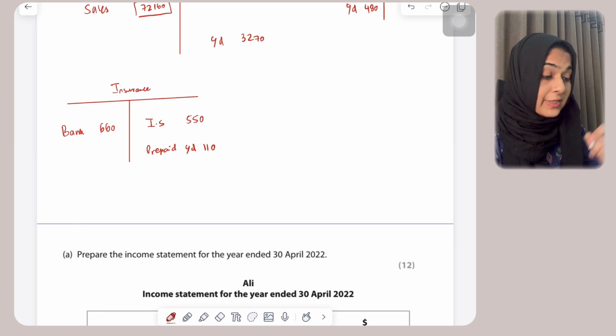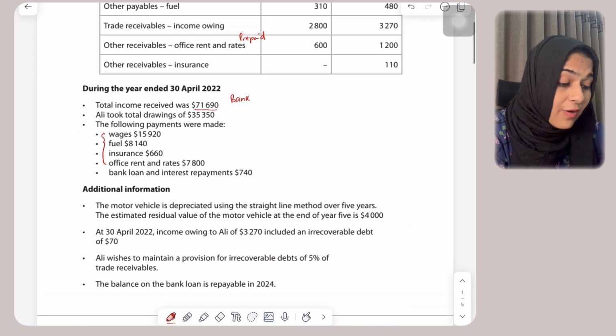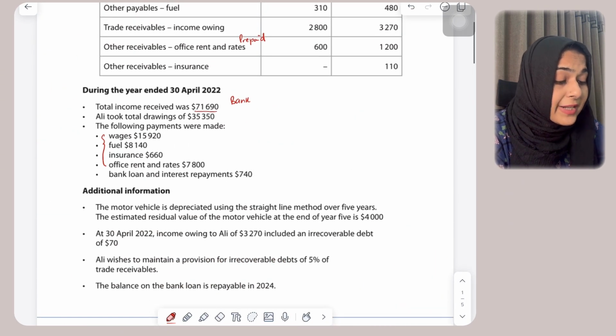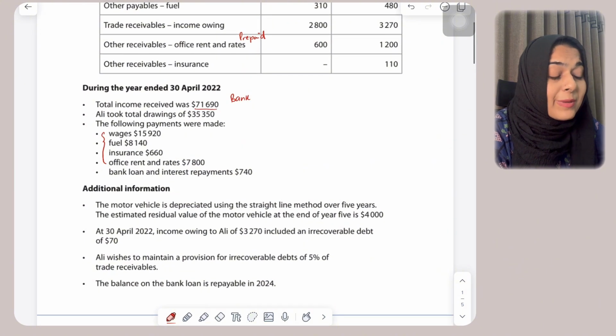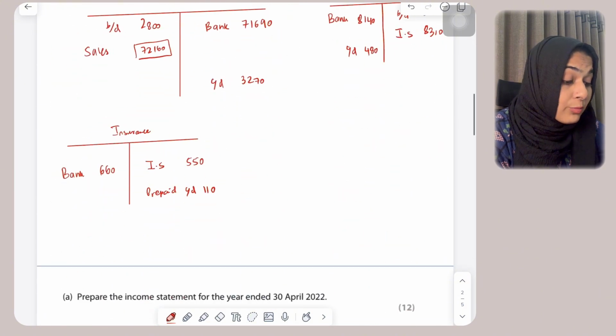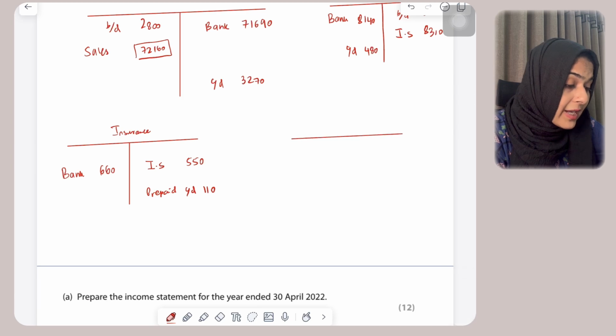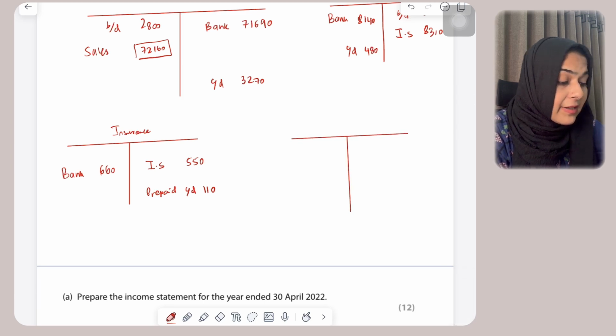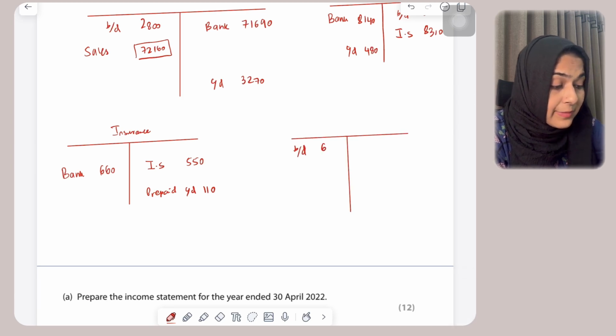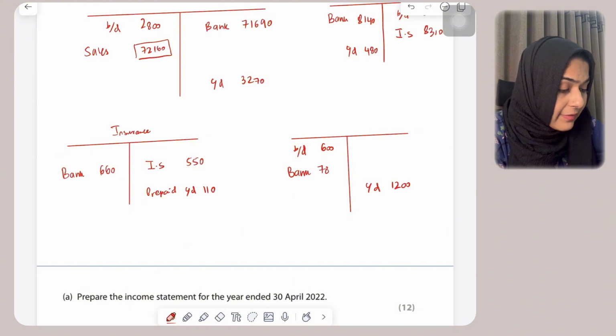Insurance will be 550. Now I have one last T account, which is an expense account, that is office rent and rates, for which I have paid 7,800, but we have a prepaid brought down and a prepaid carried down both. So when I make this account, I will write brought down on my debit side. I'll write here prepaid brought down 600. I'll write here prepaid carried down 1,200. What I have paid for my office rent and rates is 7,800.